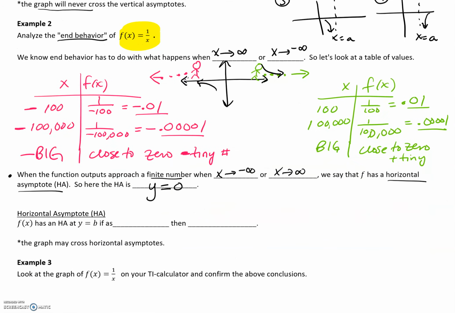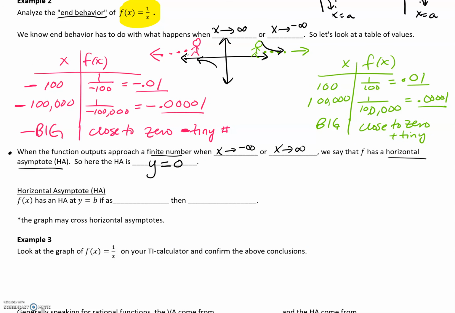So for the formal definition, we say f of x has a horizontal asymptote at y equals b, whatever that number is, doesn't have to be necessarily 0, if as x goes to positive or negative infinity, then f of x, the y values, approach that number b.